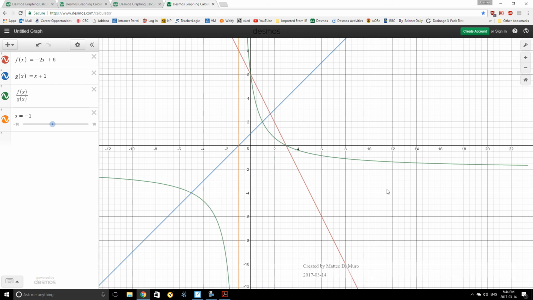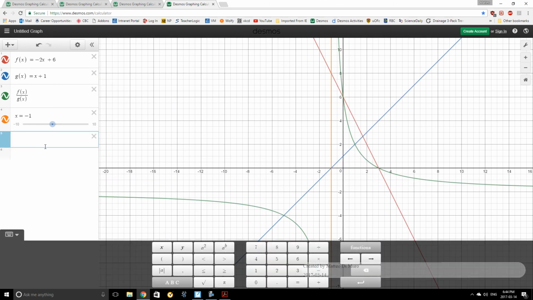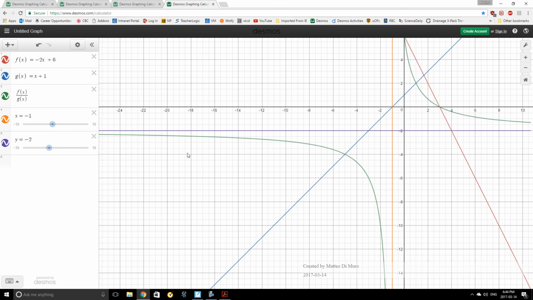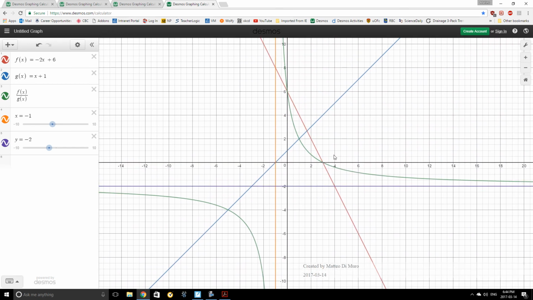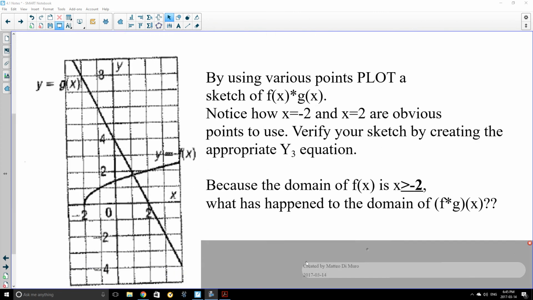If you could just flip your booklet over to the next page, we're going to try a practice problem. So really, we can kind of throw anything at you. This one here, we got two graphs. We got the square root of x plus 2, which is this one right here, which I will highlight in red.